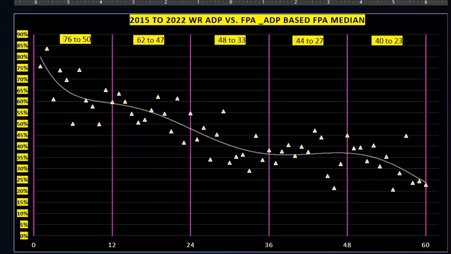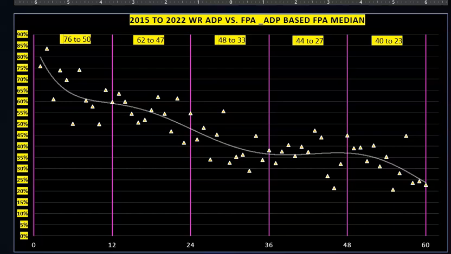How come nobody's telling you that? They should. This is just gold here, folks. So when you get to an RB2, best case is the worst case WR.